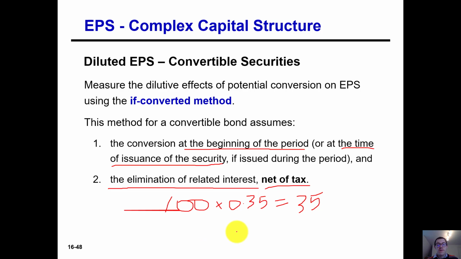So you save 100, but then you lose the $35 tax saving. It's kind of like plus 100, but minus the 35. So in that case, you only save 65.